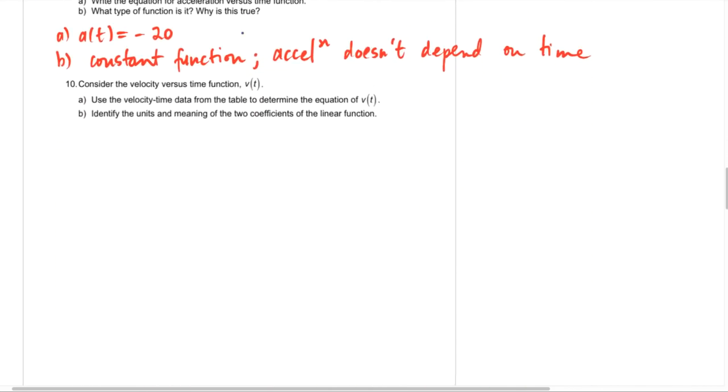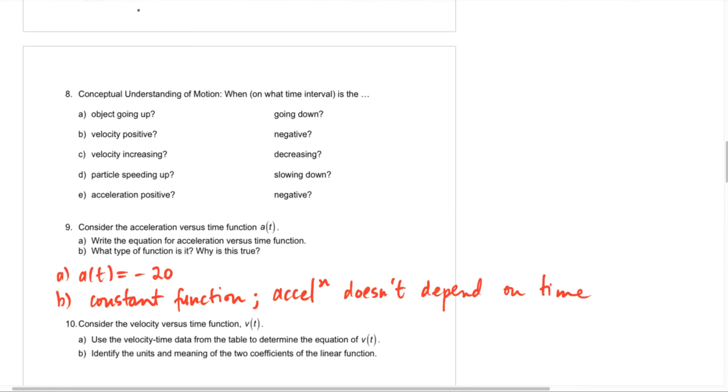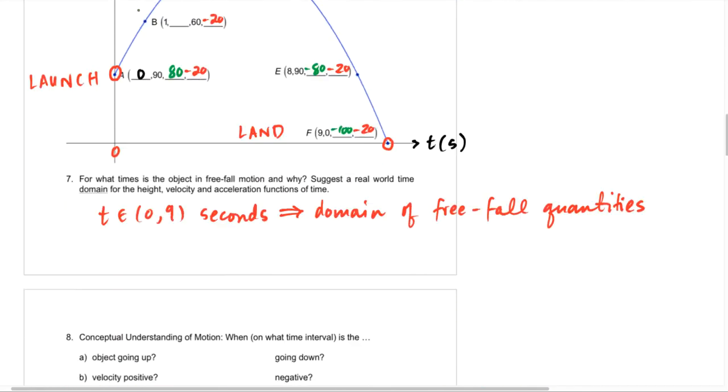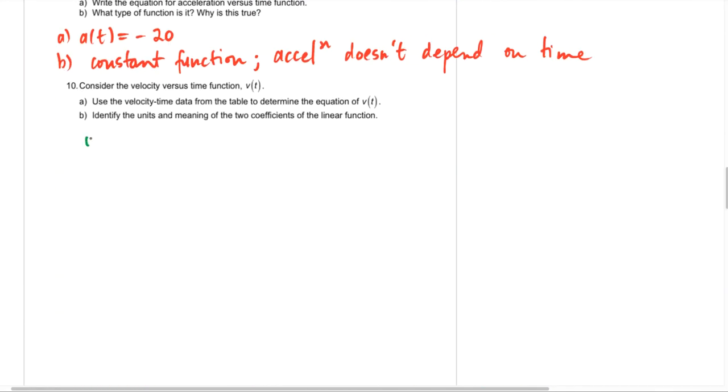So we can write that linear relationship in any way we like. You could use y equals mx plus b, where y in fact represents velocity and x represents time. Now we know the slope. The slope of the velocity graph is acceleration.